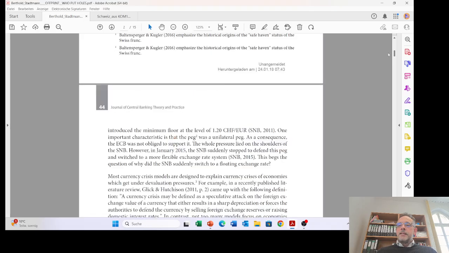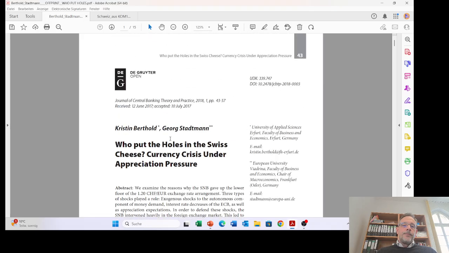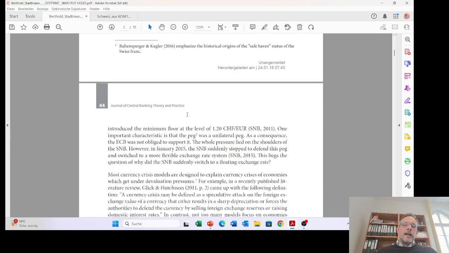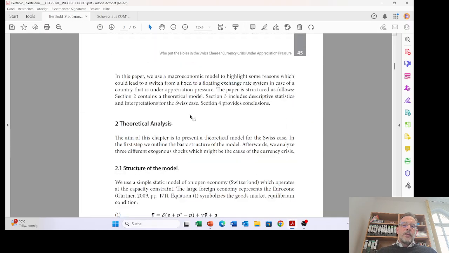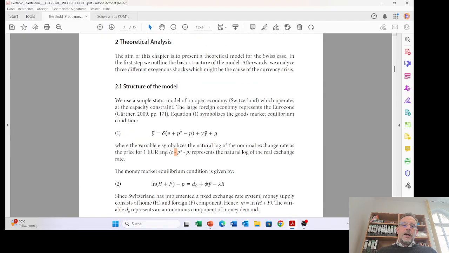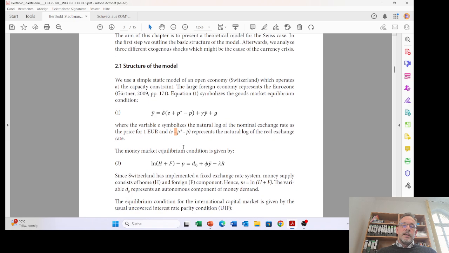This analysis stems from the following paper, "Who Put Holes in the Swiss Cheese? Currency Crisis under Appreciation Pressure". You can see the equations here. There is also one mistake here. It has to be a plus sign, of course. We talk about the real exchange rate here.